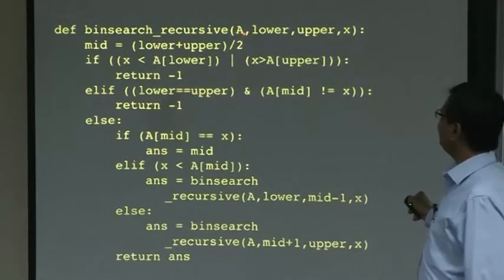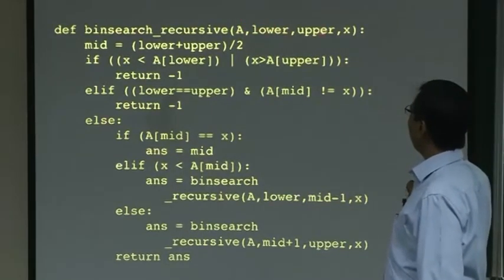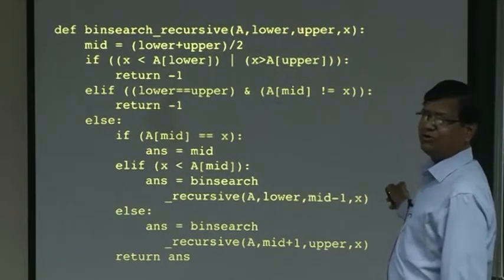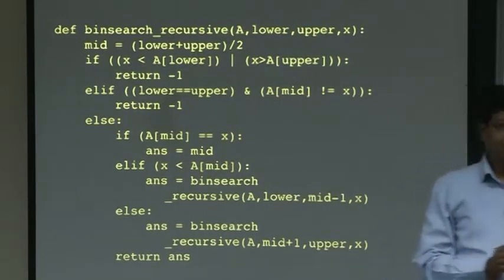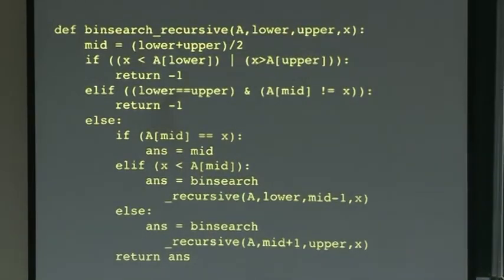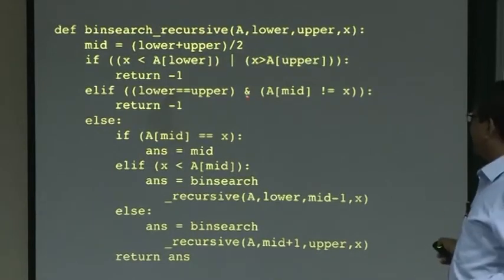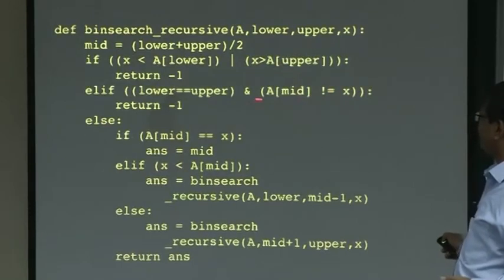Please remember that here I am searching from lower to upper. This index is important. It is not searching the whole array, it is searching from lower to upper. Now, what I do is I see whether lower equals upper, that means there is only one element, and then if A[mid] is not equal to x, so I am putting AND.